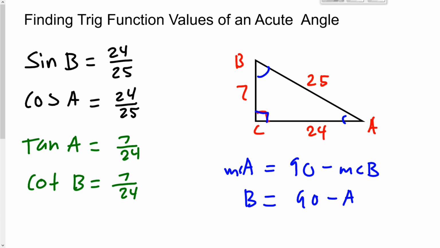Well, that's the same thing as cosine of A. So to find cosine of A, I can rewrite sine of B as cosine of 90 minus B. So sine of B, which is 24 over 25, is the same thing as cosine of 90 minus B. And 90 minus B, isn't that my A?